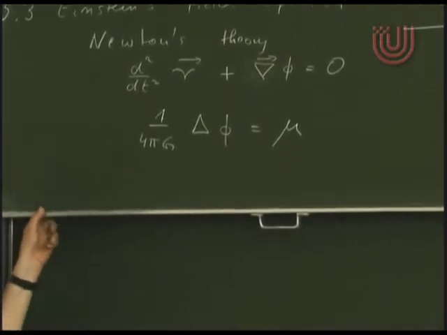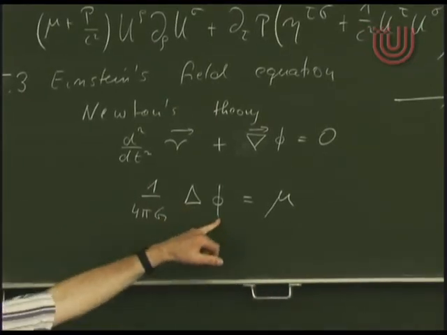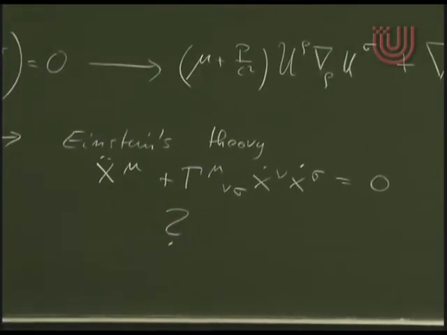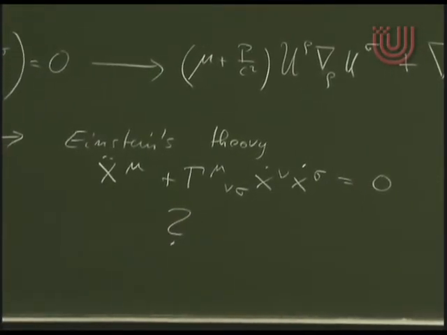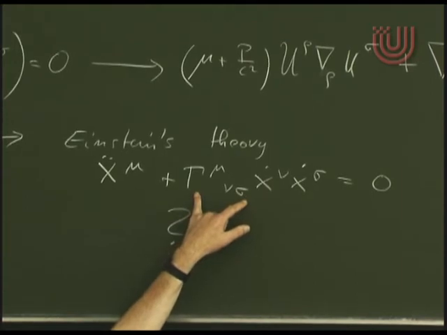Well, looking at the first equation gives us a hint what should be the analog of the phi. Yeah? If we compare these two equations, we see where we had the gradient of phi in Newtonian theory, we now have something with the Christoffel symbols. So apparently the Christoffel symbols are the analog of the gradient of phi.